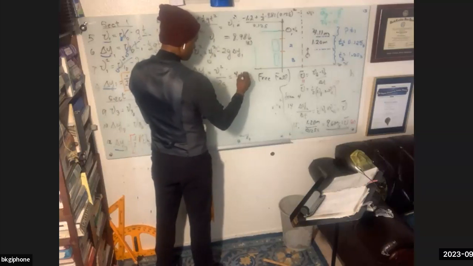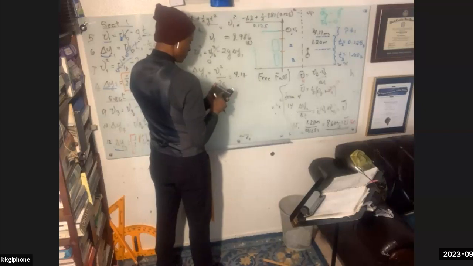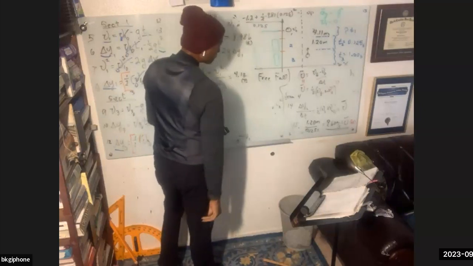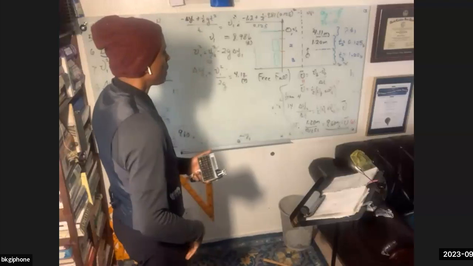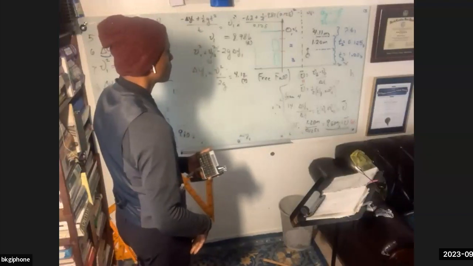So actually 4.7. So now that we have that information, the last bit of it is we take T3 minus T2, or the change in the time, which is the 2 seconds that's given.